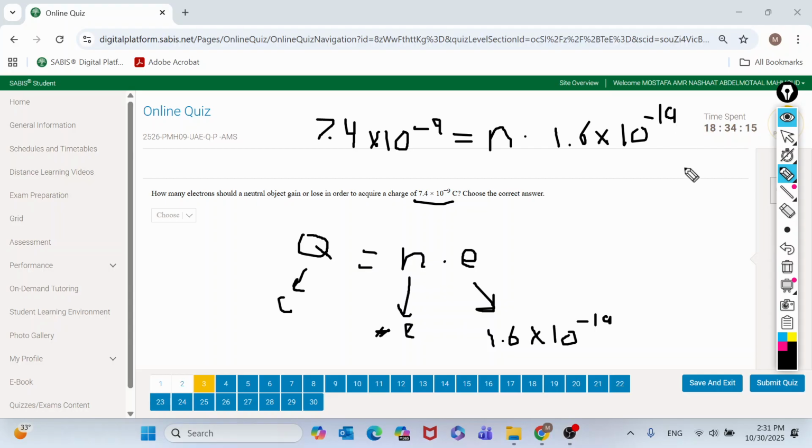Just do it on your calculator, shift solve. 7.4 times 10 to the power of negative 9 equals x times 1.6 times 10 to the power of negative 19. You get n equals 4.625 times 10 to the power of 10. I can't even read my own handwriting. 4.6 times 10 to the power of 10. Okay.